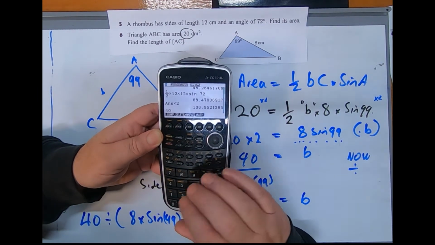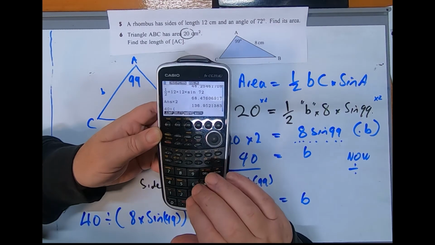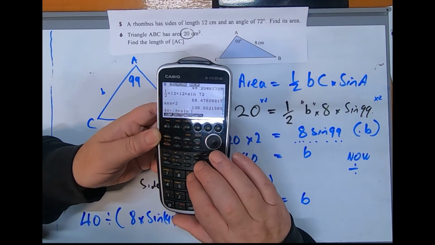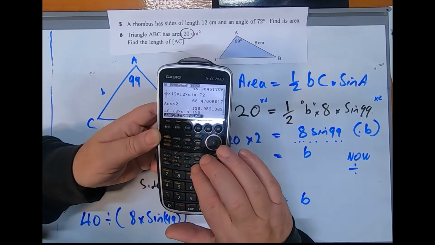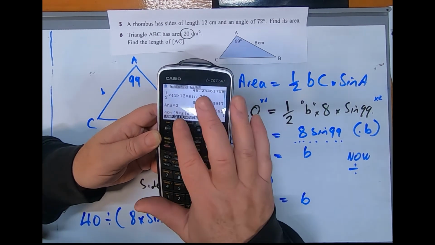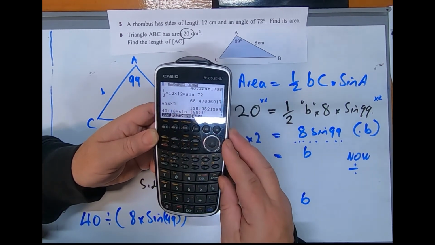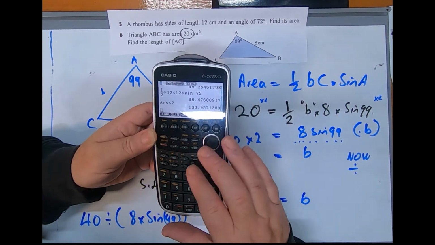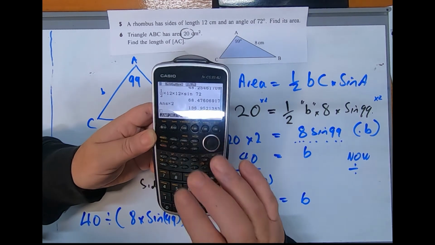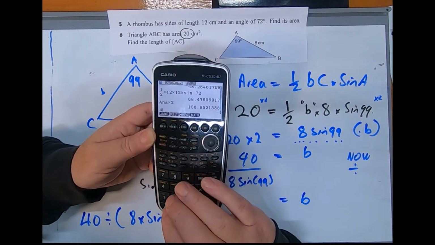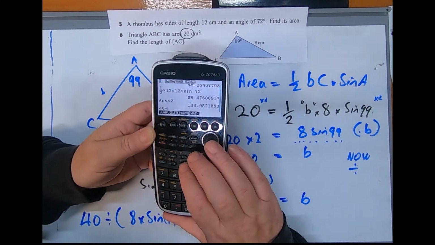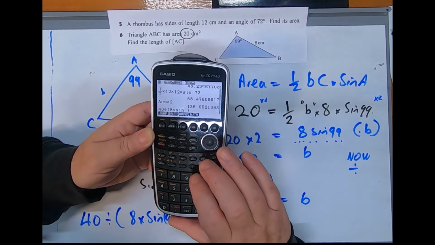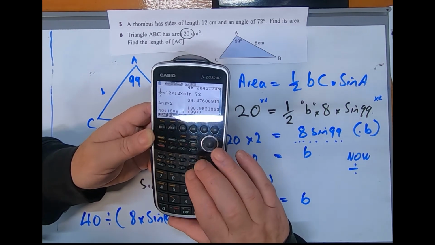Try a different angle. 40 divided by big bracket 8 times sin bracket 99. Now, new calculator's got these lovely colour matching, so we know we've got all the right brackets. Why did it disappear? 40 divided by bracket 8 times sin bracket 99.